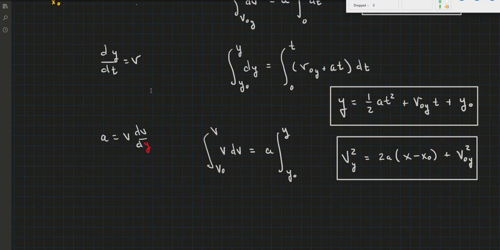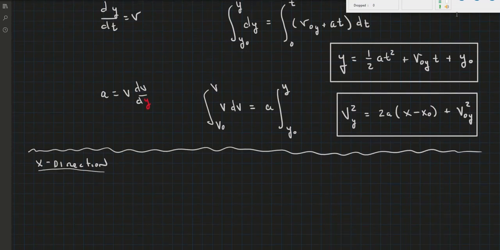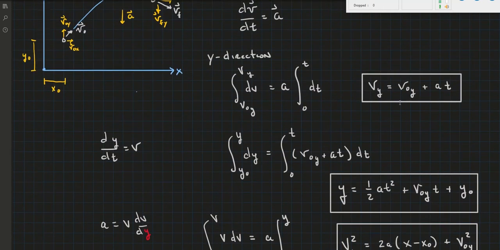And then we'll split this up and look at the behavior in the x direction. It's going to just result in simplified equations from above, because we're going to have a situation where acceleration equals 0, so your velocity in the x direction is going to equal your initial velocity in the x direction, because if you look up here at the equation, when a equals 0, the velocity equals the initial velocity.